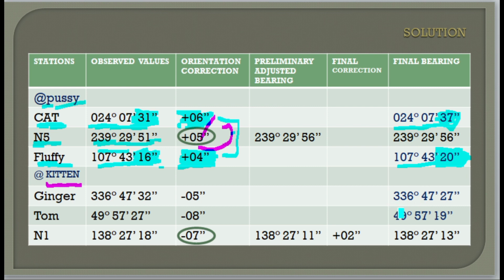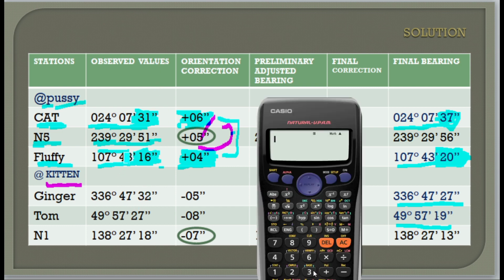From that table, we come and input our values from the kitten to ginger. That is 336, 47, 27, and 49, 57, 19. So those are the two values that we are supposed to compare.